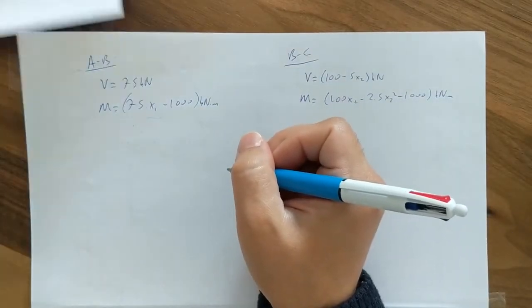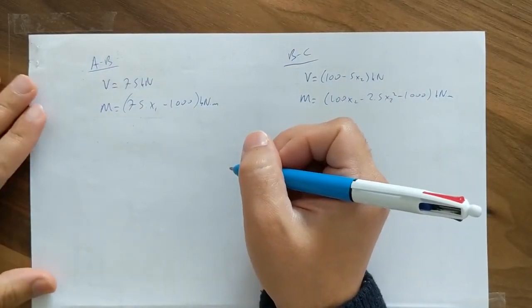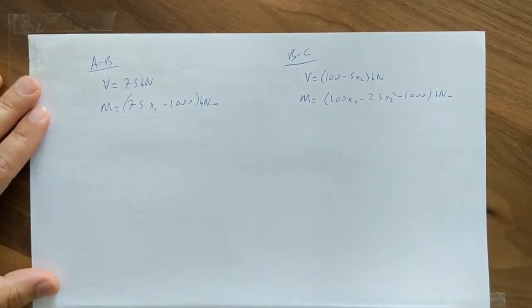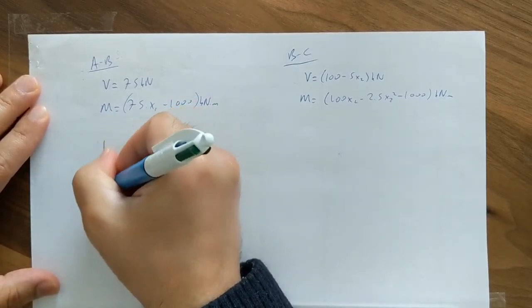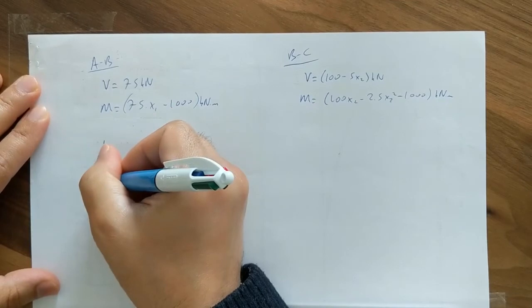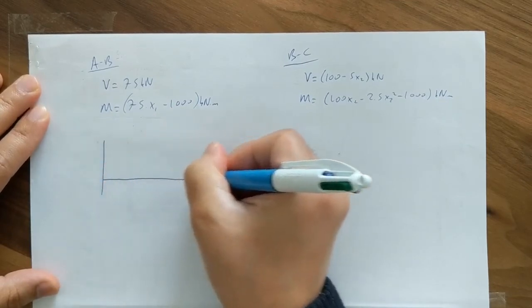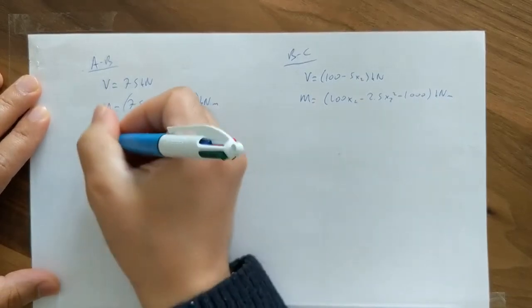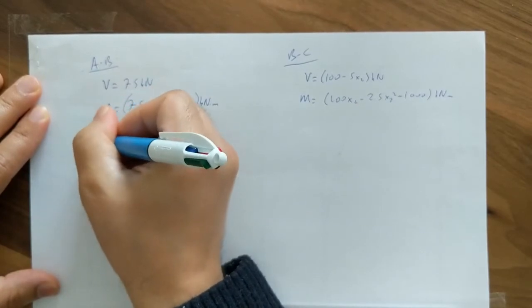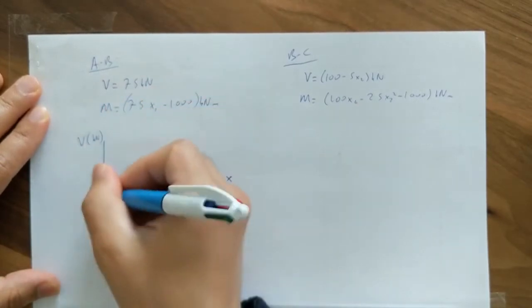Now we can start creating the shear moment diagrams, starting with the shear. x, here V, the unit is kilonewton.